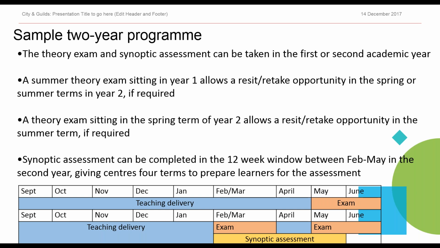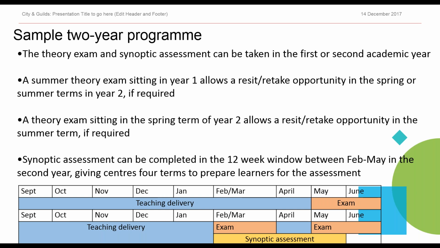We haven't got a visual for a 3-year programme, but what I would recommend is that you can either use year 1 in year 9 and year 2 in year 10, or you may want to really just engage with your learners and have them learning practical skills in year 9 and not enter any of your learners until year 10 or 11.